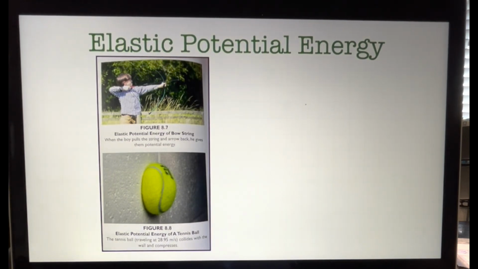So we started talking first about gravitational potential energy. Now let's swing back and talk about elastic potential energy. Think rubber band, something like that. The potential energy of the strings of the harp in figure 8.5 is called elastic potential energy. Any object that can be stretched or compressed has elastic potential energy.